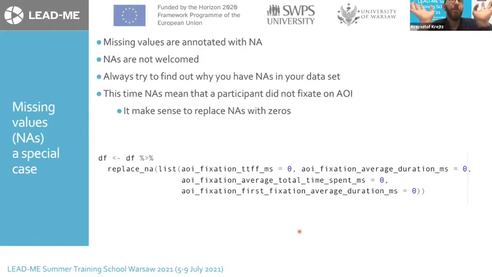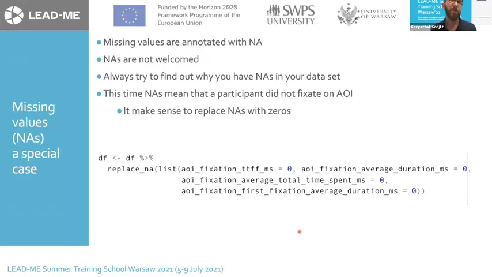There's always a different reason for why you have missing values. All missing values in R are annotated as NA. NA means missing value. And actually, any statistical tests don't like missing values. And always when you see missing values, you should think about why you have them.